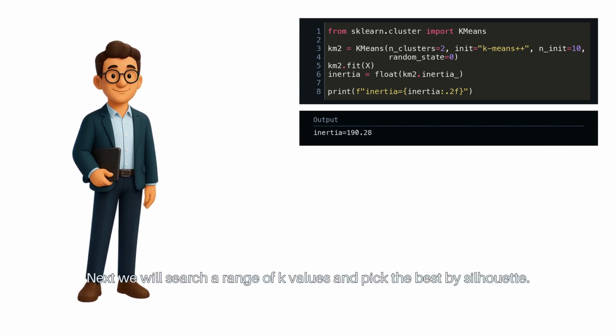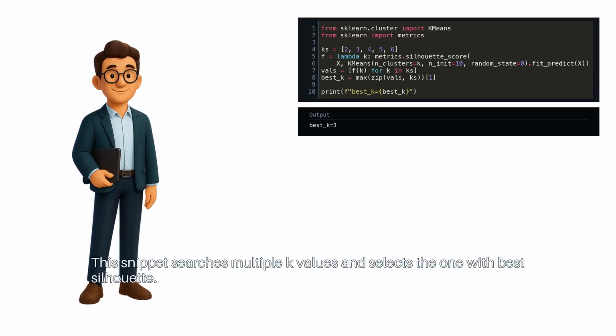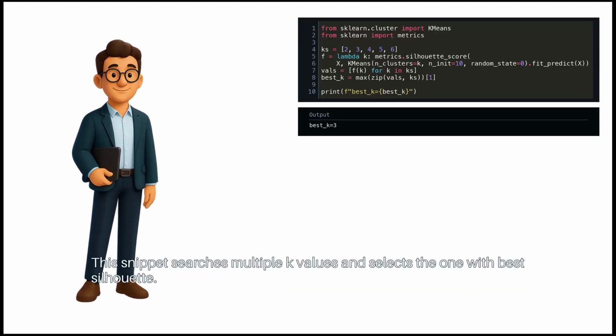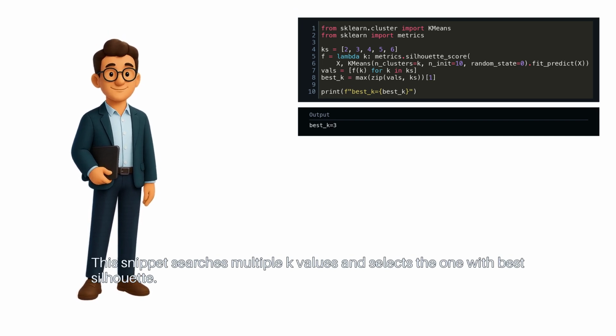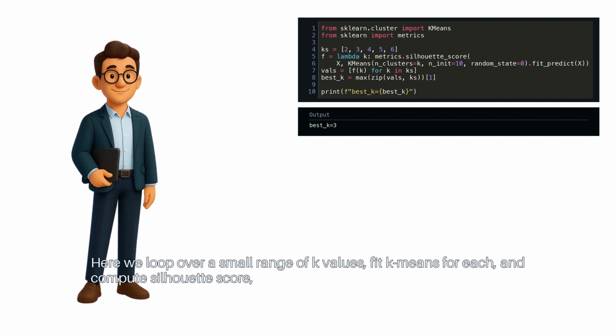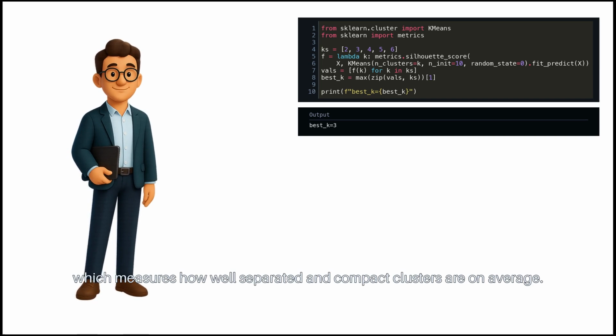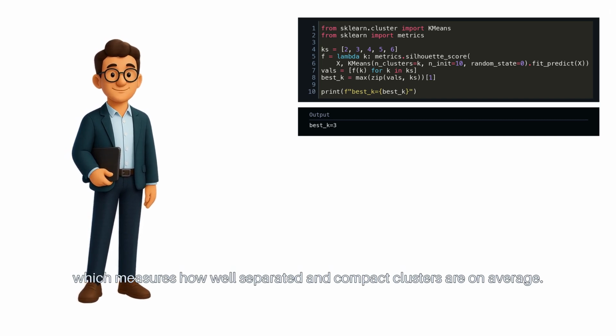Next, we will search a range of K values and pick the best by silhouette. This snippet searches multiple K values and selects the one with best silhouette. Here we loop over a small range of K values, fit KMeans for each, and compute silhouette score, which measures how well separated and compact clusters are on average.